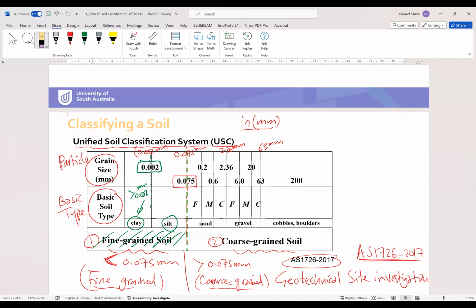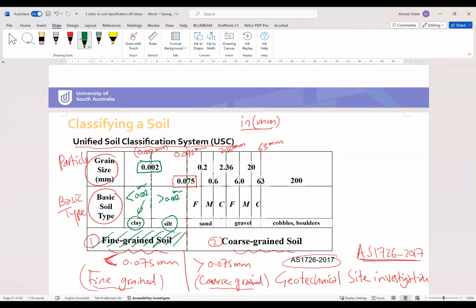Sorry, this is less. If it is less than 0.02 millimeter, it's clay. If it is larger than 0.02 millimeter, it's silt. This means that silt is a larger size than clay.